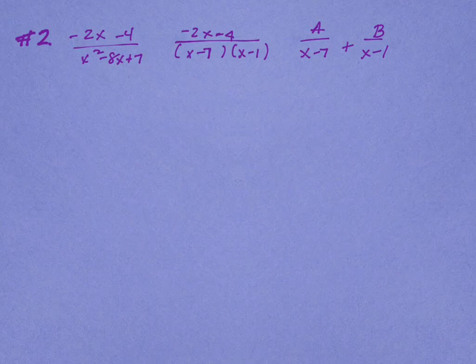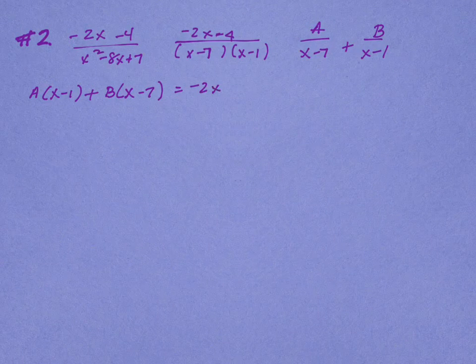These are so much easier than the 3 terms. So we have a times x minus 1 plus b times x minus 7 has to equal negative 2x minus 4. So ax minus a plus bx minus 7b equals negative 2x minus 4.